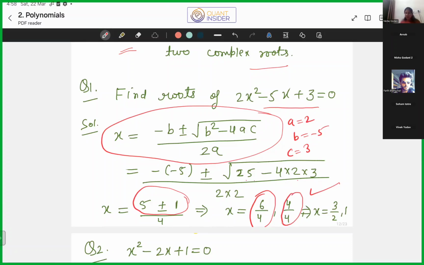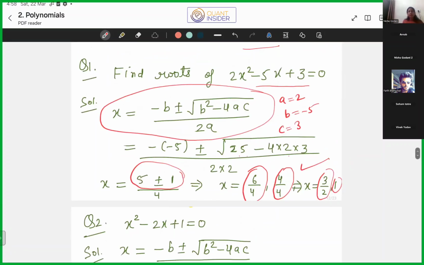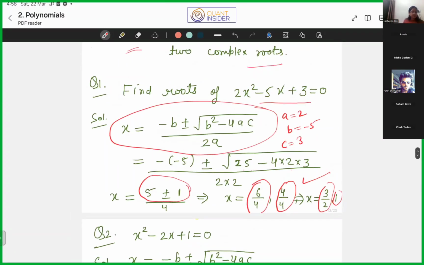So 6 by 4 gives you 3 by 2, and 4 by 4 gives 1. So the values of x are 3 by 2 and 1, and these are the roots of the given quadratic equation. Is it okay to all of you?